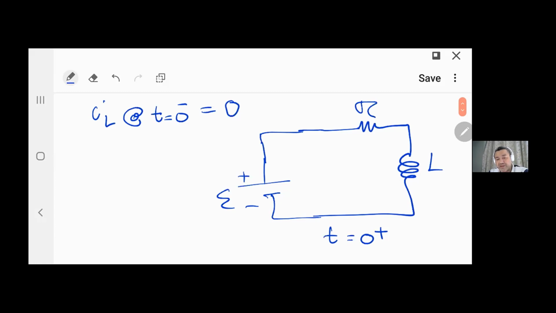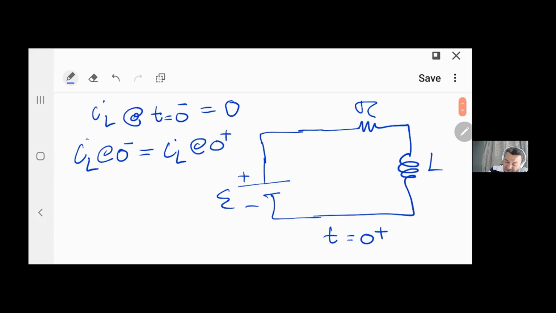I said that the current in the inductor is continuous, which means it does not have any abrupt jumps in value. The value of the current across the inductor at 0 minus should equal the value at 0 plus.